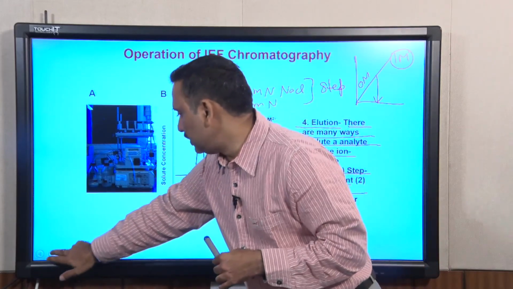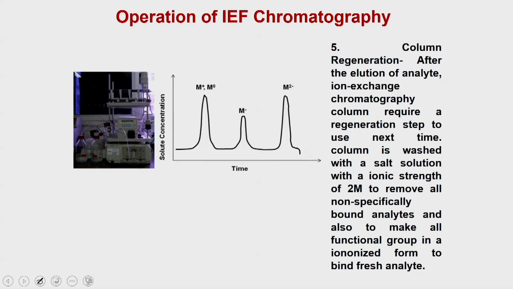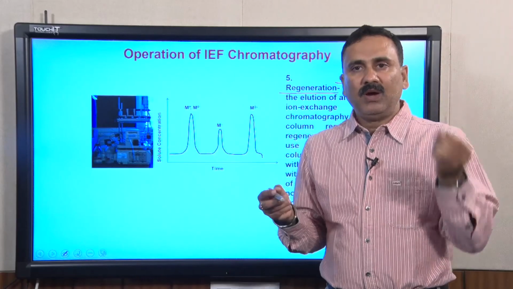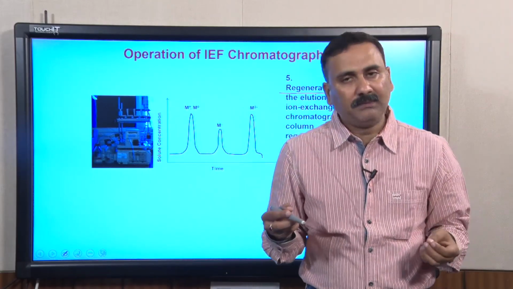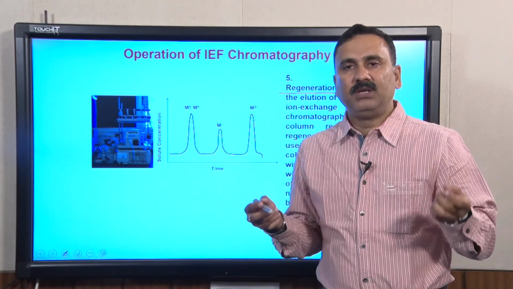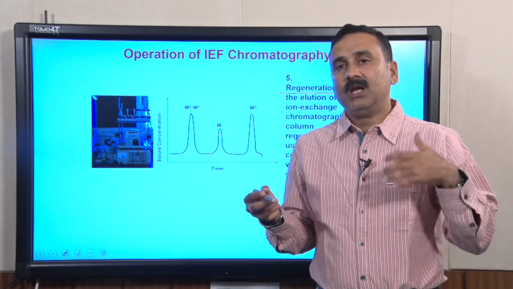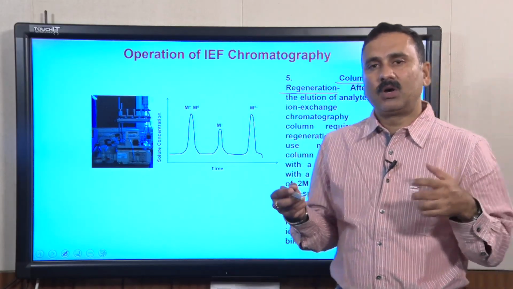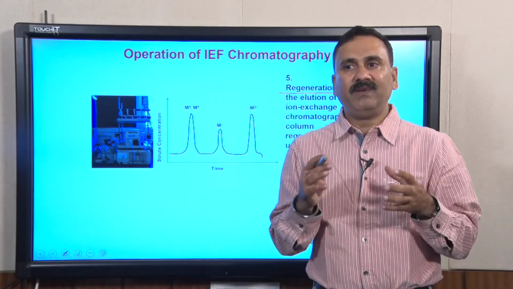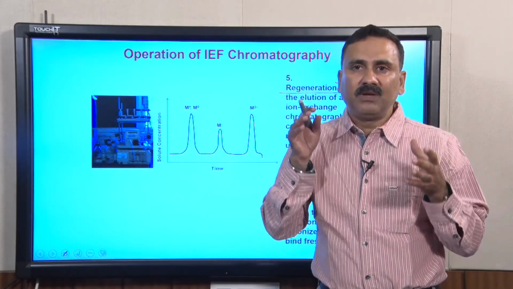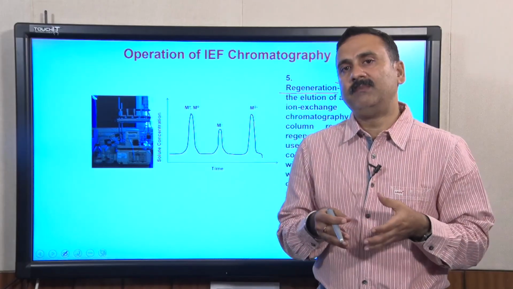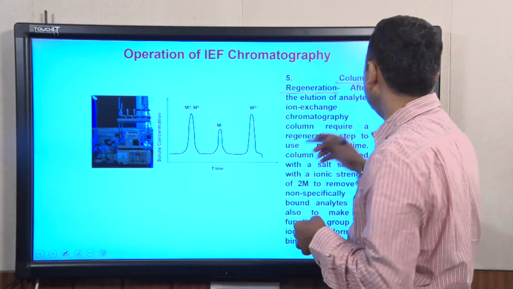Once the elution is over, you are going to do the column regeneration, because after the purification is over, you have to ensure that there is no material bound to the column. In the column regeneration step, you wash the column with a very high ionic strength buffer so that whatever material is bound to the column comes out.